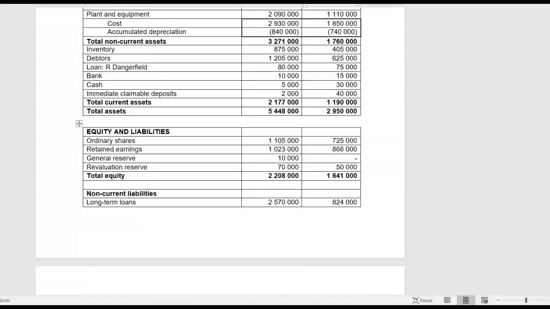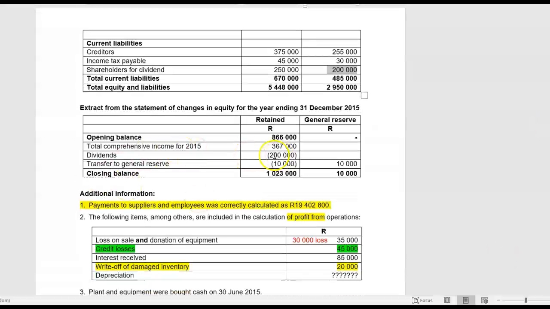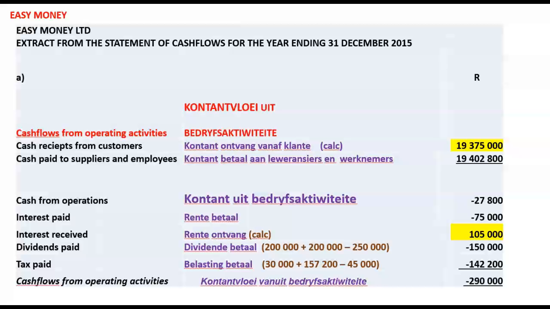Just see, yeah, was 200,000 dividends included in statement of changes in equity, dividends of 200,000, and at the end of the year there is still 250,000 Rand outstanding. So that means in actual fact it is the 200,000 opening balance plus the 200,000 dividends declared during the year, less the outstanding balance at the end of the year, and that will give us our actual amount paid as dividends for the year of 150,000.